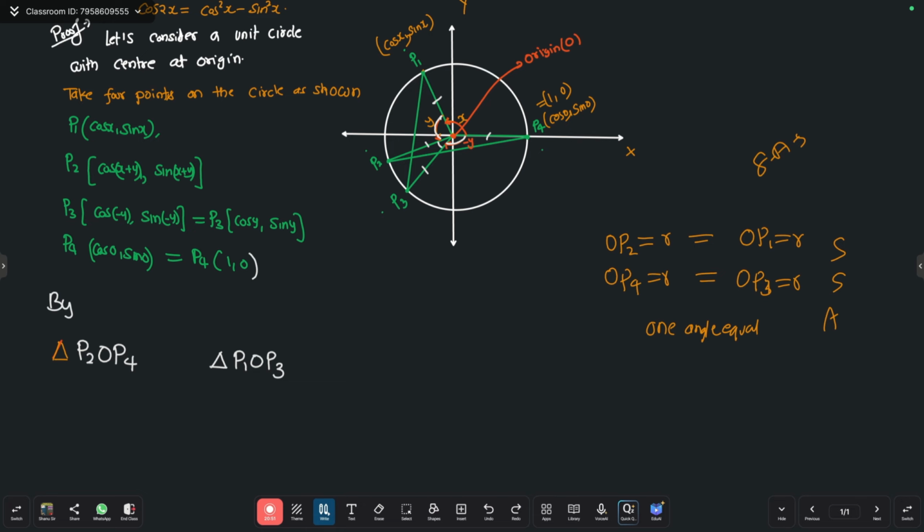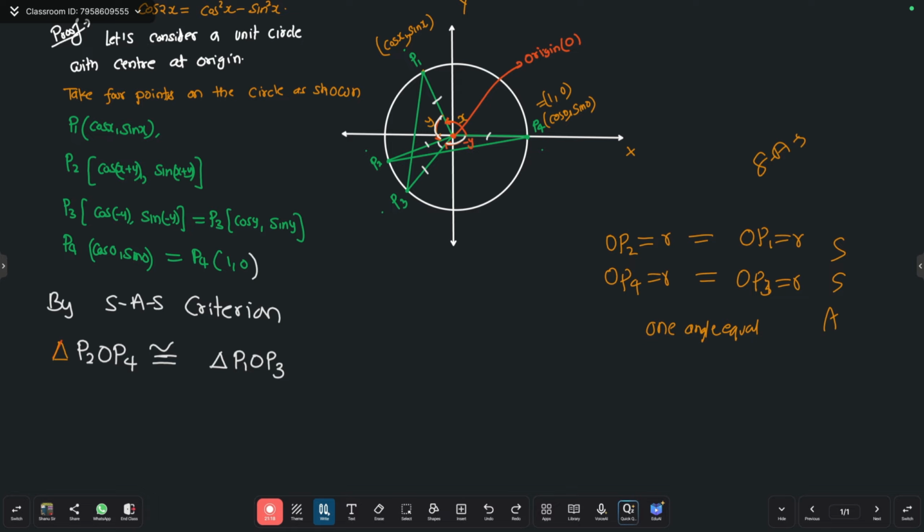So you can write like this: by SAS criterion, triangle P2 O P4 is congruent to triangle P1 O P3. It means all the corresponding sides must be equal.